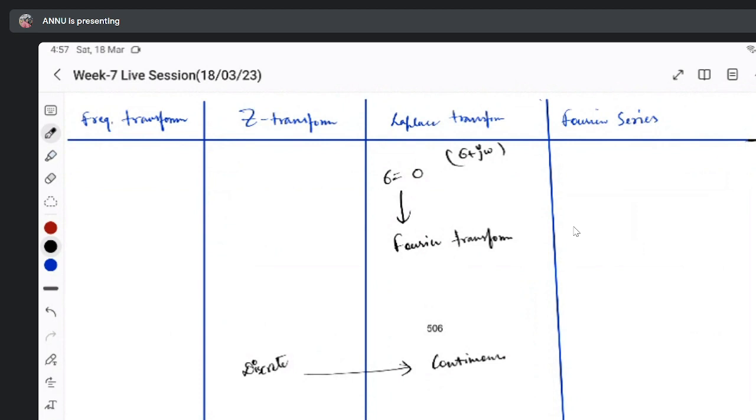Frequency transform is only suitable for stable functions. Only stable functions can have this Fourier transform. Laplace transform and Z transform are generalized cases.